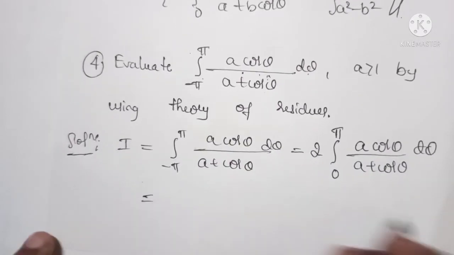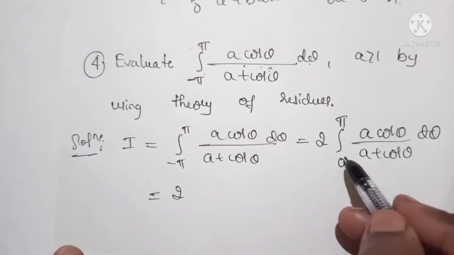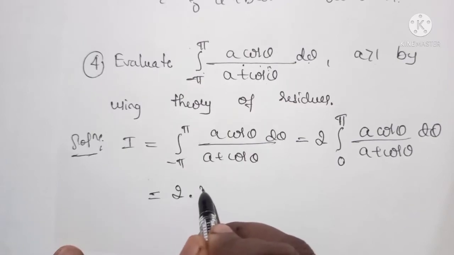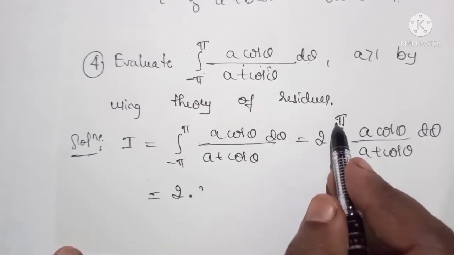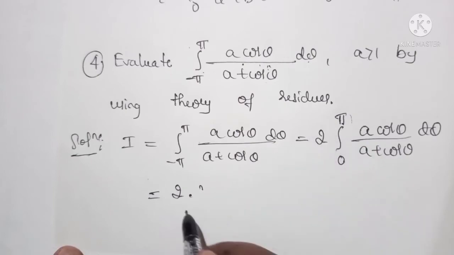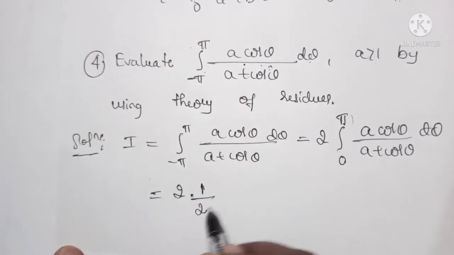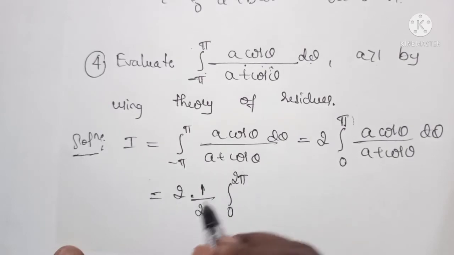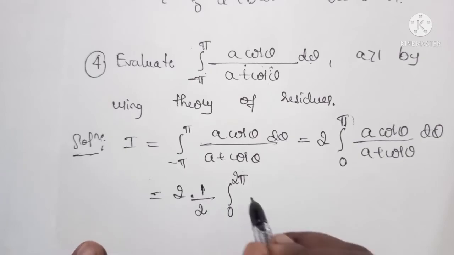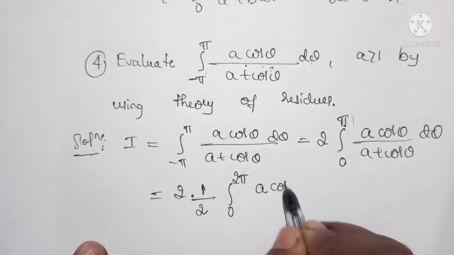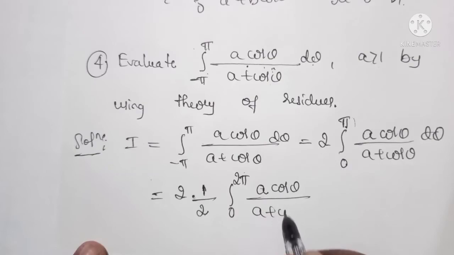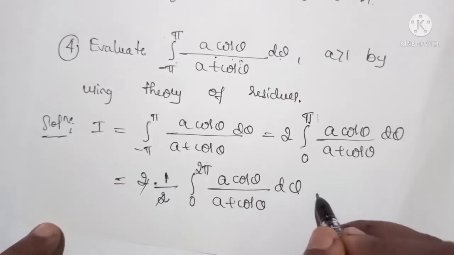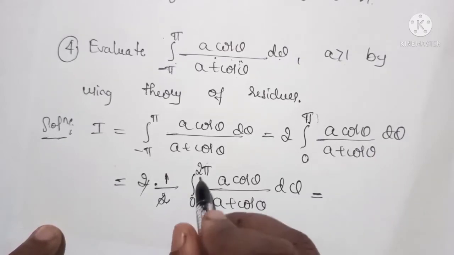Again using the definite integral property, we multiply this pi by 2, so we get 1 by 2 times the integral from 0 to 2 pi, because I am considering 2 pi here, of a cos theta divided by a plus cos theta d theta. This 2 gets cancelled, so simply we get the integral from 0 to 2 pi of a cos theta.